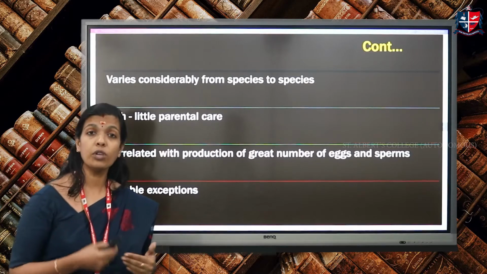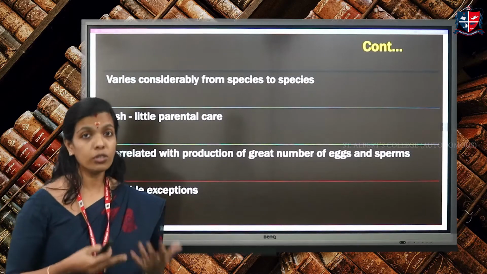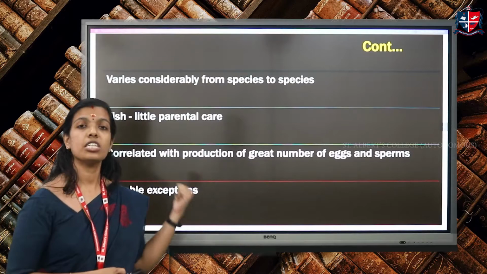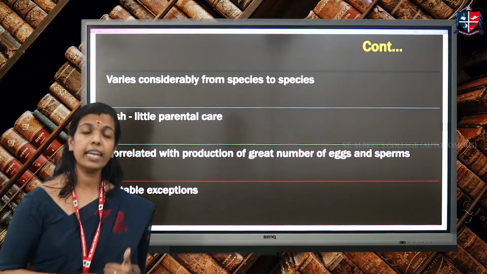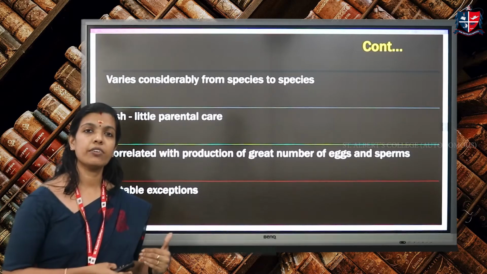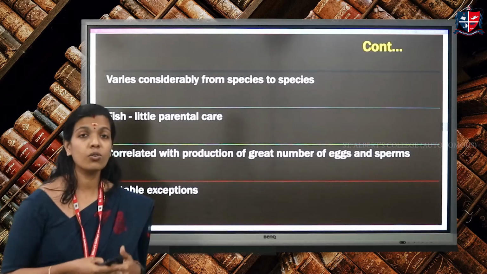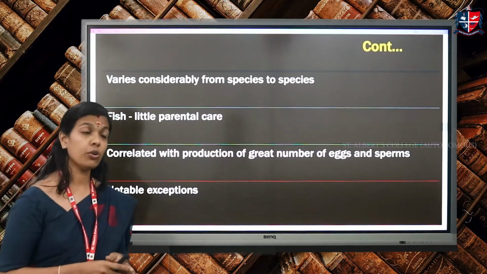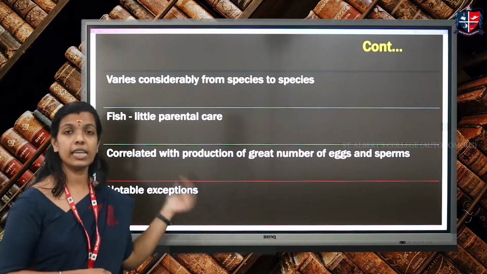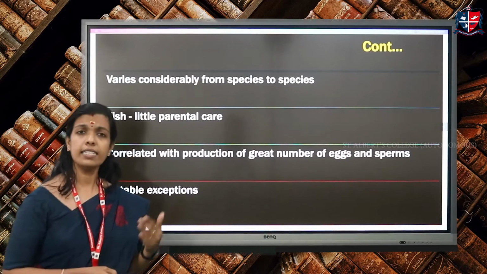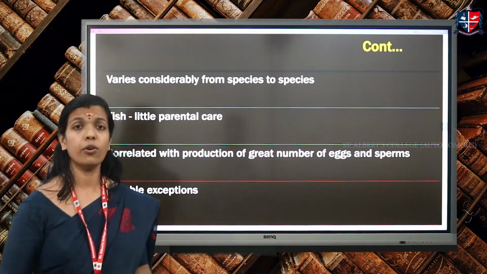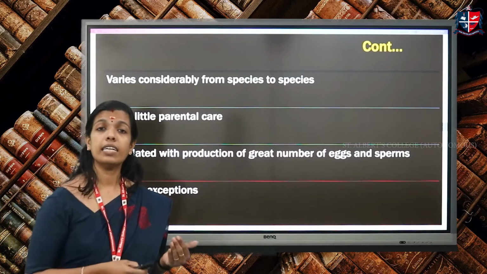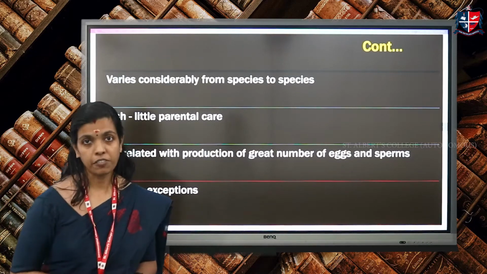As they produce more eggs, the survival could increase. Since fish exhibit lesser parental care, for this reason they produce a larger number of eggs so that the survival could be increased. Even though I said parental care is very little exhibited by fishes, there are certain notable exceptions, wherein parental care is exhibited by the fish.